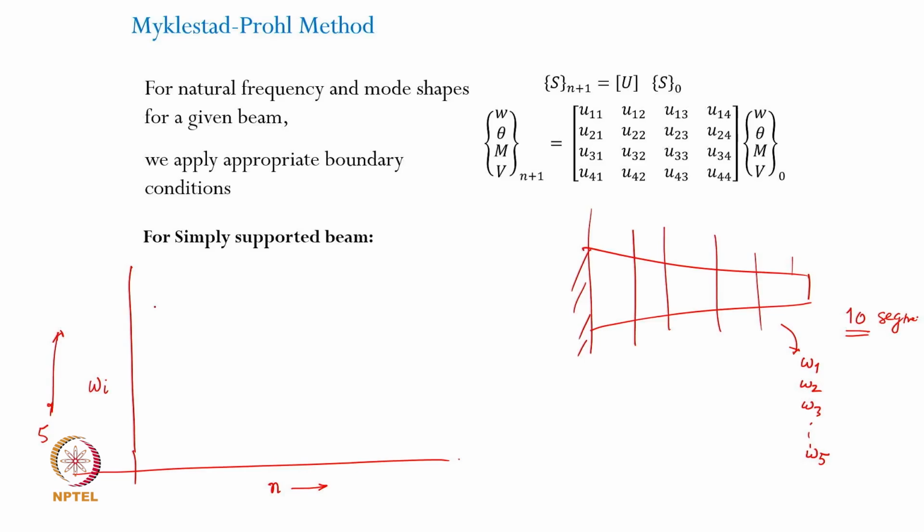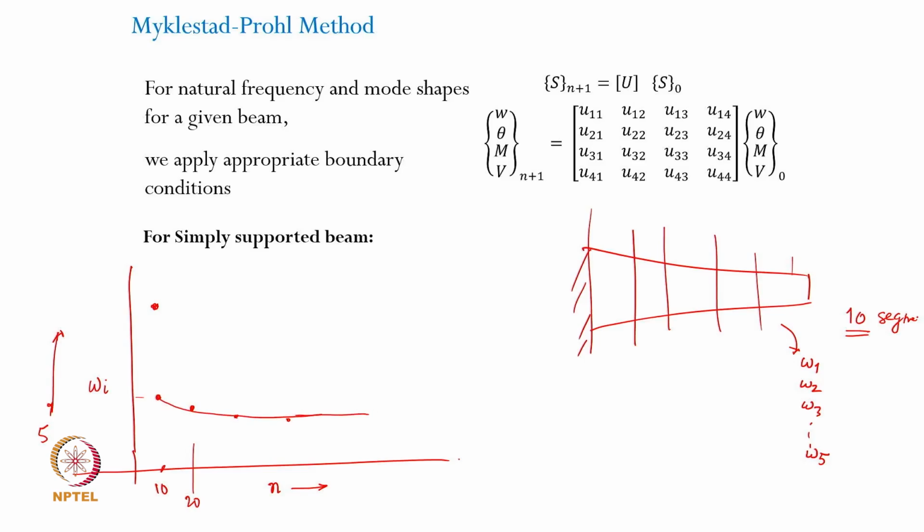And then what happens is, when you discretize this into 10 segments, you get omega 1 here, and when you discretize into 20 segments, you get the value of the same omega 1 here, and so on. After a certain number of segments, there would be no change in the natural frequency value.